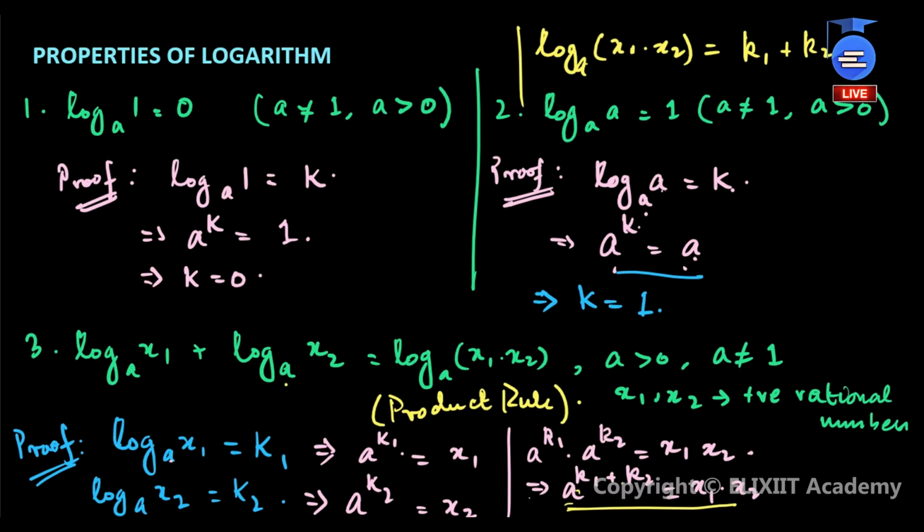Clear with this? So what are k1, k2? k1 and k2 are log x1 base a and log x2 base a. So log x1 into x2 base a is basically log x1 base a plus log x2 base a. Is the proof clear?